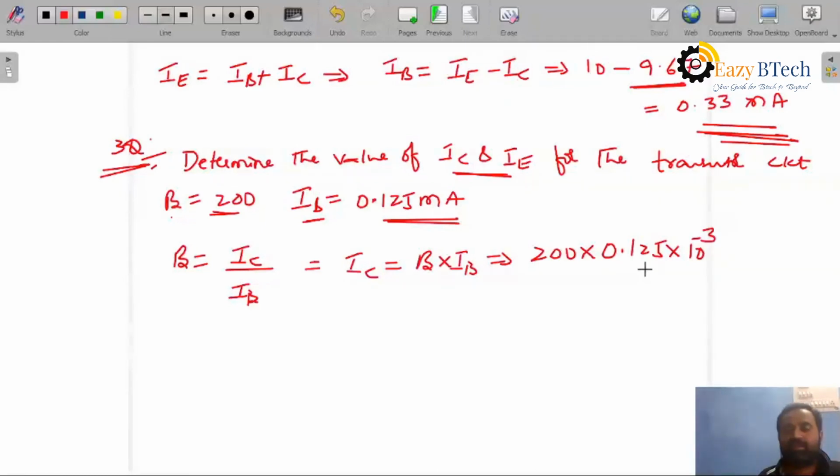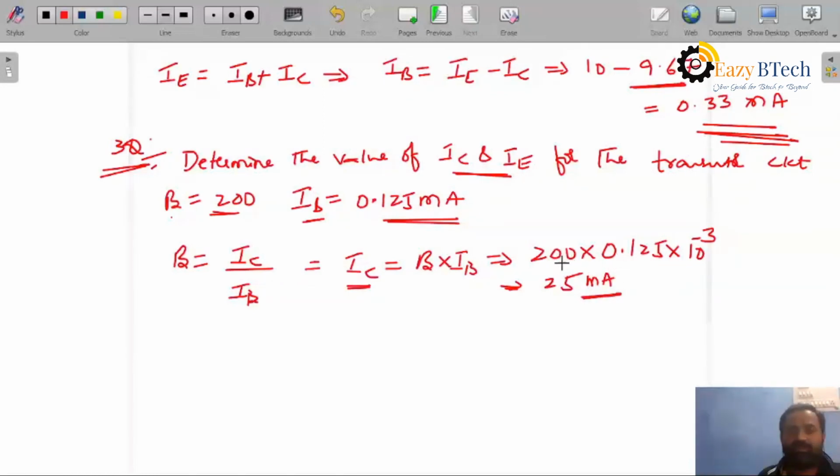Is it clear? Now what are you going to get? From beta is equal to IC by IB, you can find out the IC value. That is 200 into 0.125, which is 25 milliamperes.